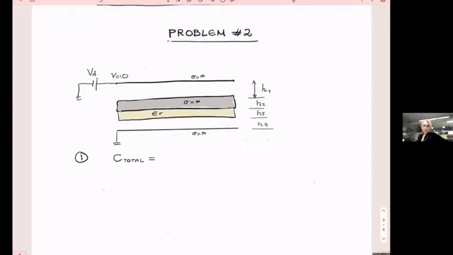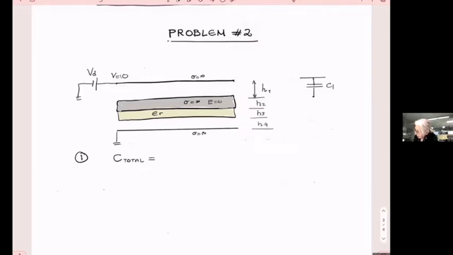So we'll do the same thing as before, all right? So we'll say the total capacitance is going to be made out of 4 capacitances. 1, well, the metal, there is no capacitance there, so it's 0, because the field is 0 here.